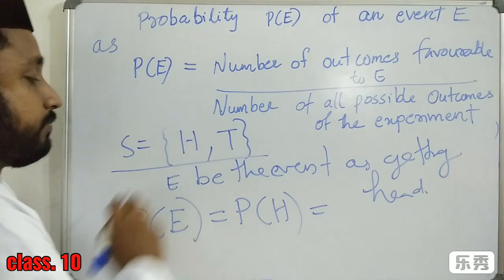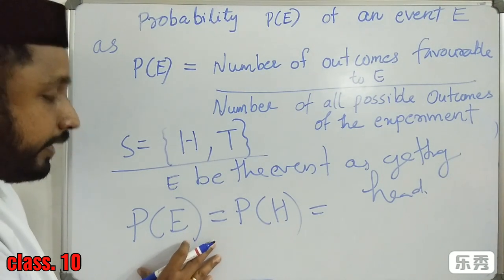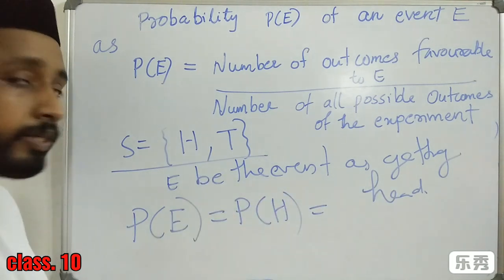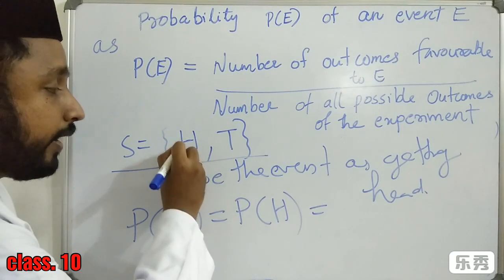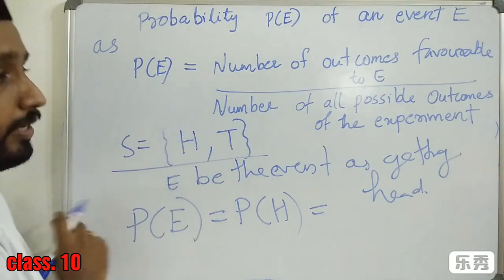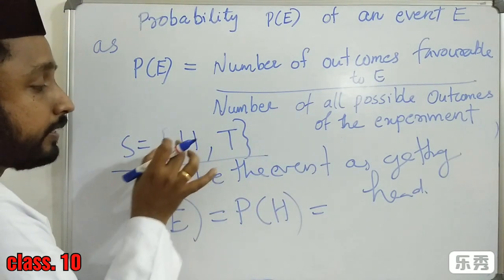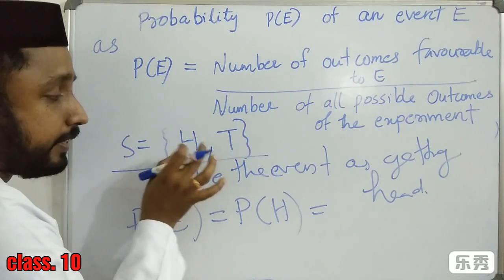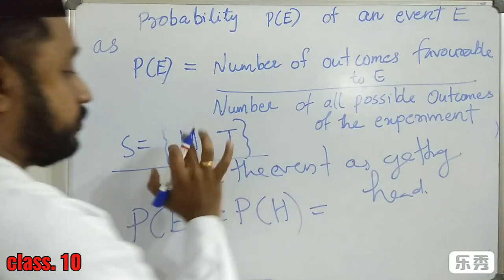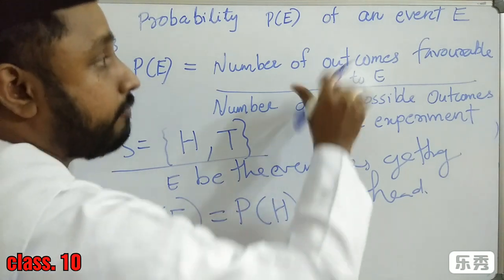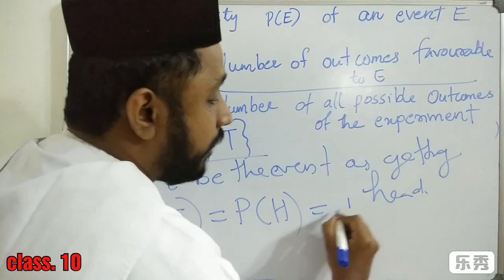This is the sample space, S is equal to HT. We need the probability of E, where E means getting a head. Here, head, tail. Only one head. We need getting a head, so our number of favorable outcomes is 1.